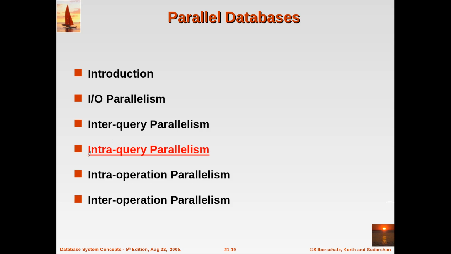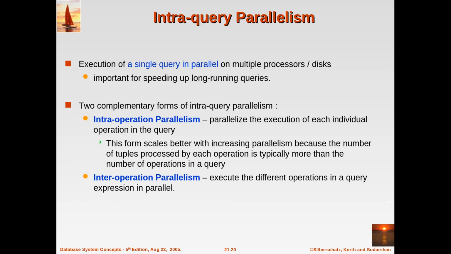Now we will see intra-query parallelism. Intra-query parallelism, as the name indicates, means the same query is being parallelized. One part of the same query is given to one processor or disk, and some other part of the same query is given to some other processor or disk, so that for the execution of larger queries, intra-query parallelism is a better mechanism.